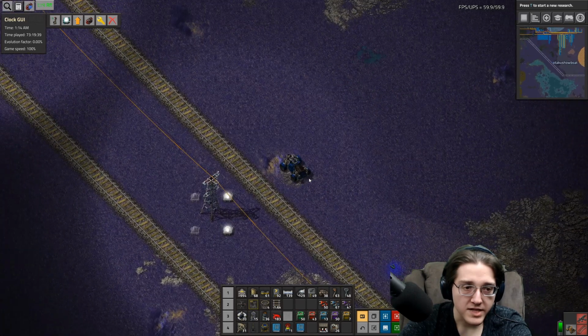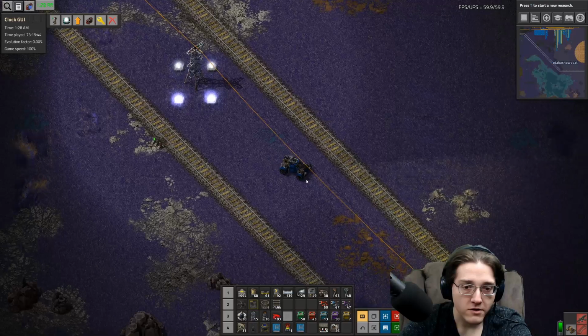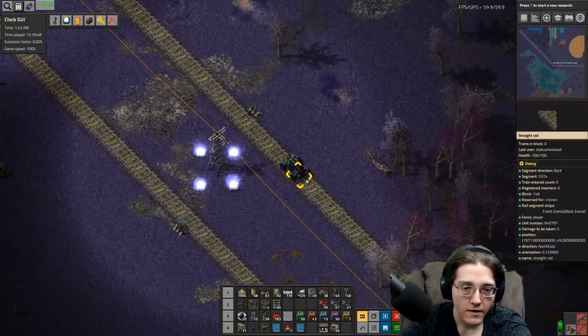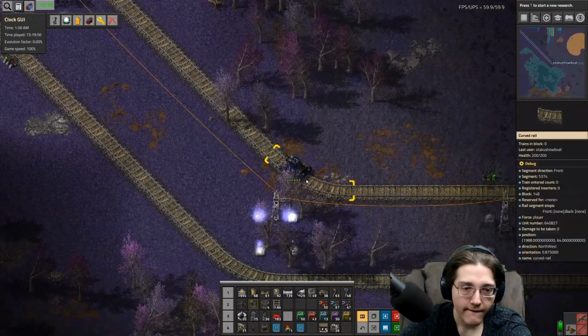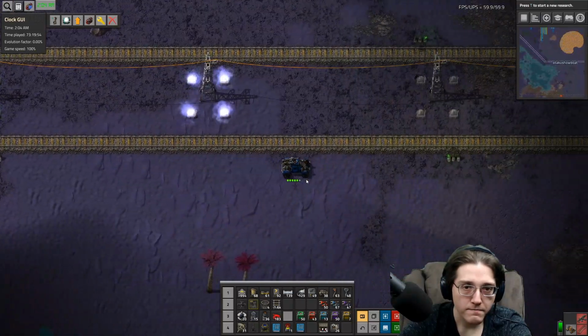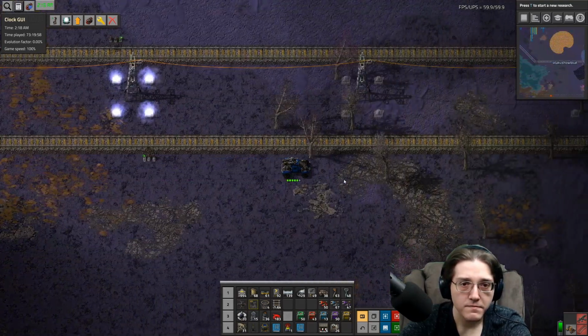Get those lights down, please. I'm carrying around a whole bunch of lights for good reason. Because I knew that there were lamps that needed to be placed along this line in particular.